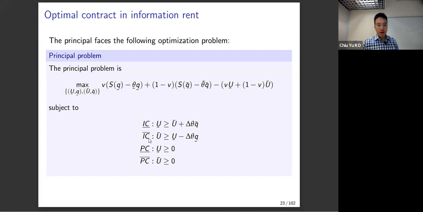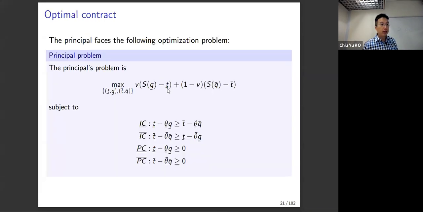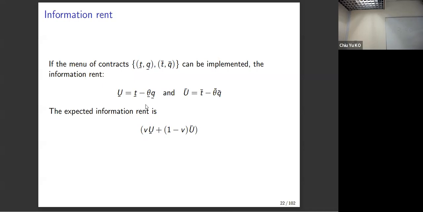Okay? First, you can rewrite this as the following. Okay? How do we do that? Let's go back a little bit because I want to slow down here. Okay? T lower bar and T upper bar. T lower bar is U lower bar plus theta Q. Okay?